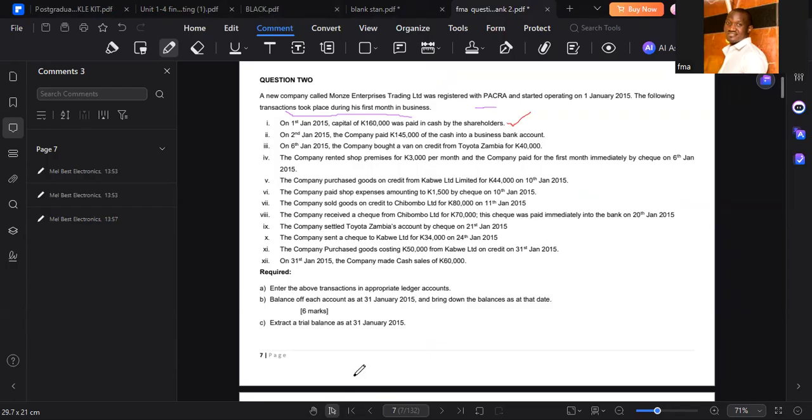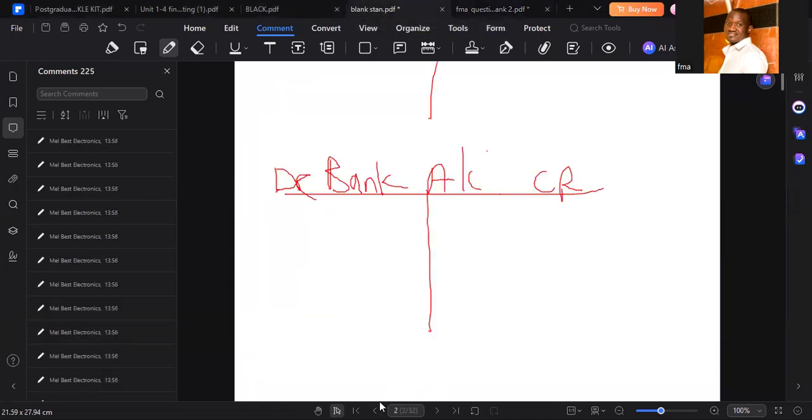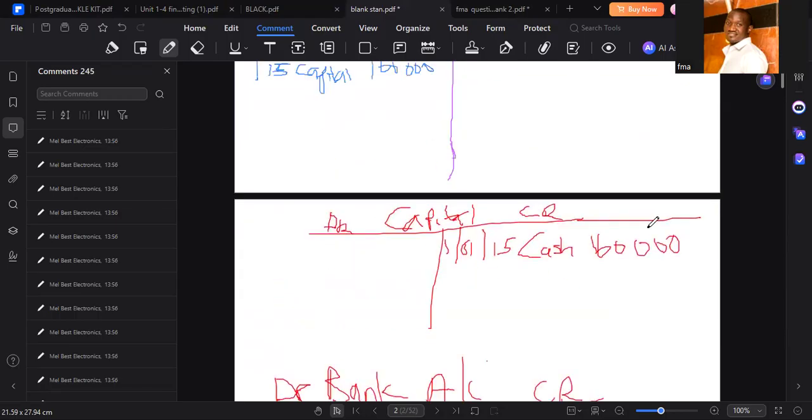So on this date, 02/01/15, cash, they paid 145,000 of the capital into the bank account.